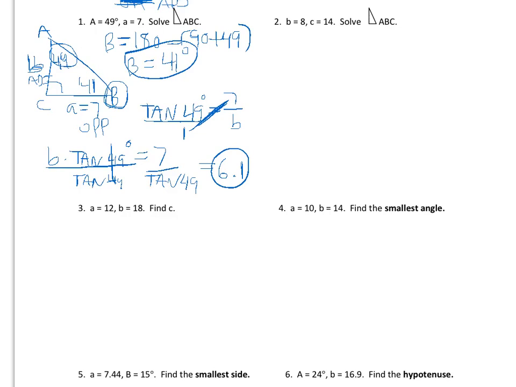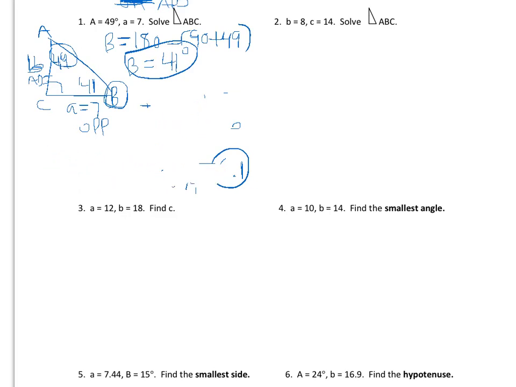Okay, now if I want to get c, you could use Pythagorean's formula, but let's just use another trig function. I'm going to erase what I just did to find little c. So let's get rid of this. Okay. So let's get little c. If I want to get little c, let's use the 49 degrees again. And I'm going to use the opposite and the hypotenuse.